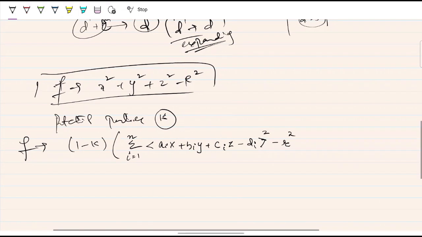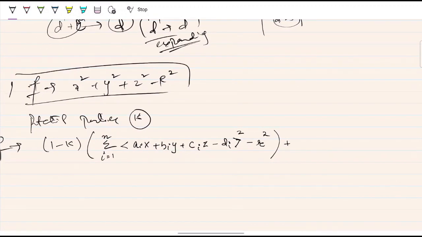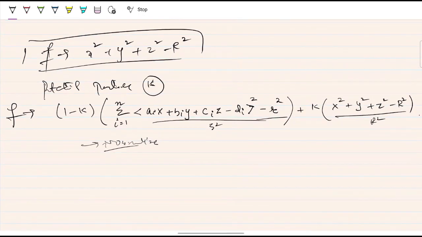This is the roundness term, and to this we are going to add a spherical term. It would be x square plus y square plus z square minus r square. Okay, this is in general form. In normalized form, we just have to divide this by r square. That is how normalization works.